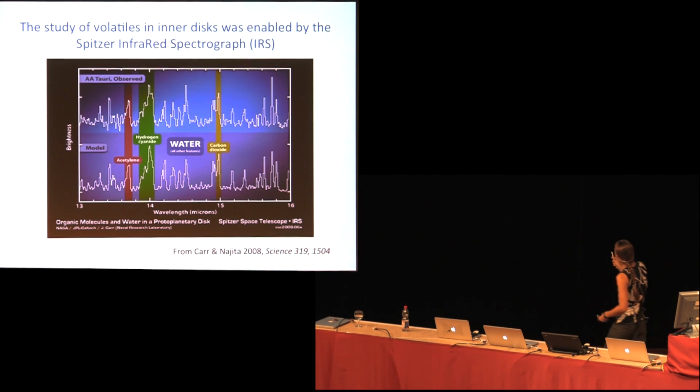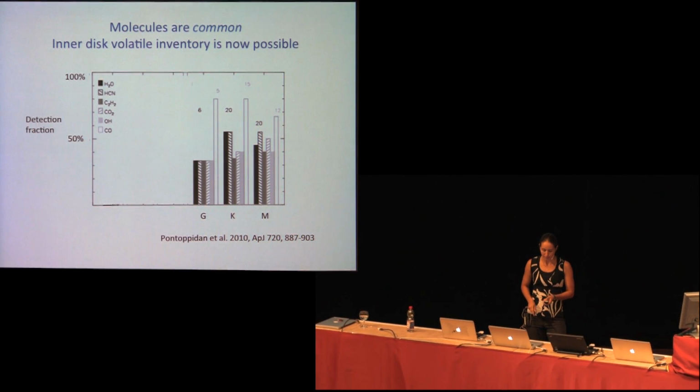What I'd like to point out here is that here is the model below, and all of these features that you're seeing are actually due to water vapor. This is a very exquisite high signal-to-noise spectrum, and it's just littered with molecular features.